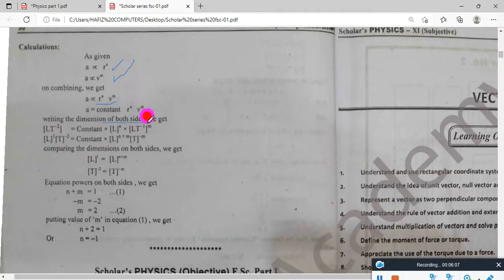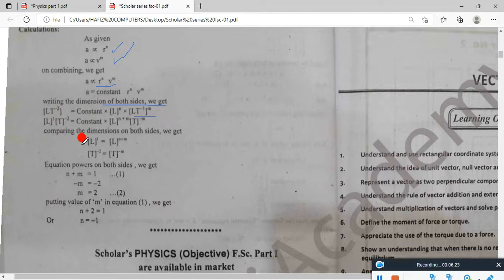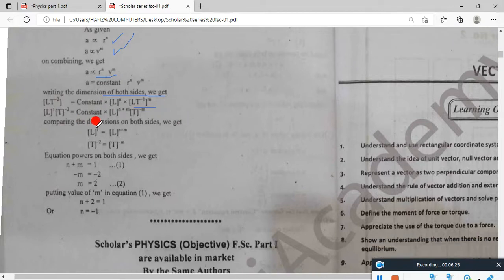Writing the dimensions, LT^-2 is equal to a constant times L to the power n, as radius has the dimension of length, times LT^-1 velocity raised to the power m. Equating the dimensions of both sides, L raised to the power 1 equals L raised to the power n + m, and T with -2 on the other hand side.